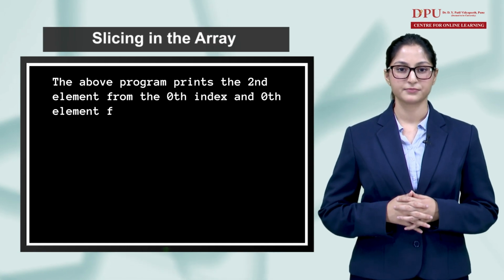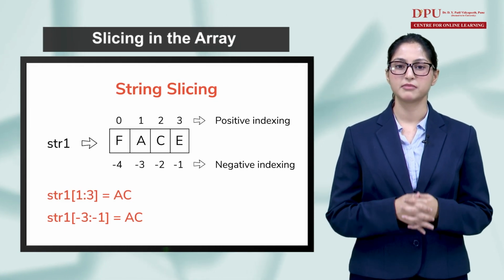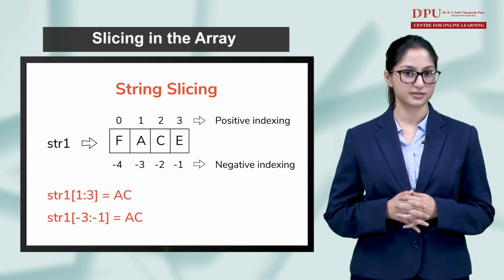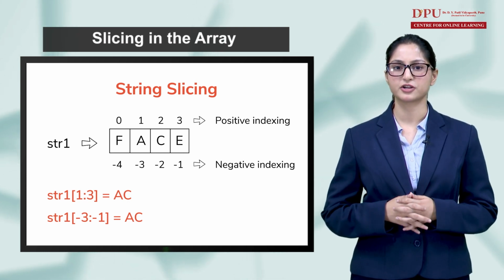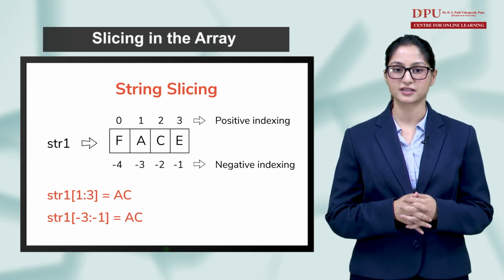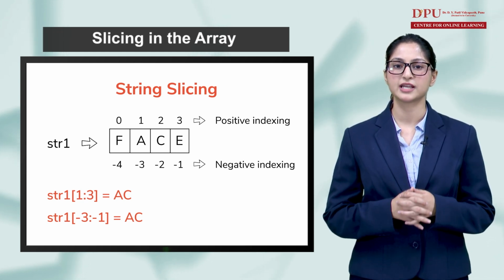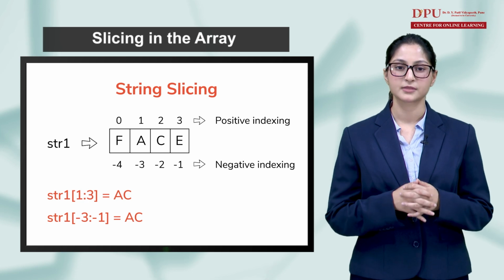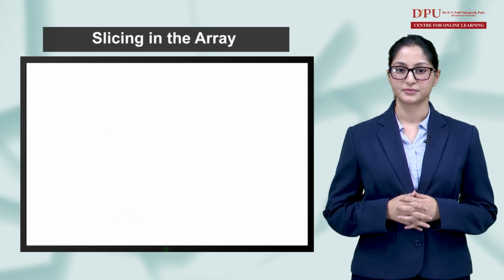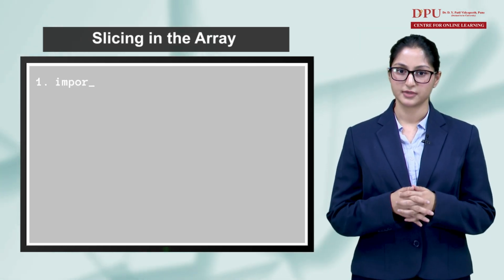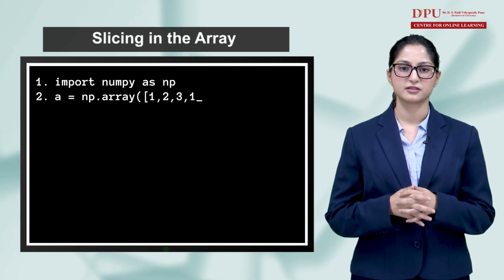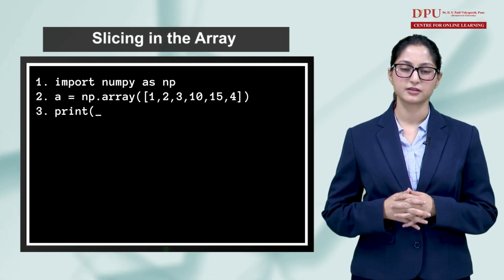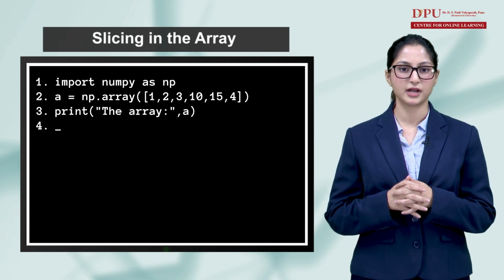Finding the maximum, minimum and sum of the array elements. NumPy provides the max function, min function and sum function, which are used to find the maximum, minimum and sum of the array elements respectively. Consider the following example. Import numpy as np. a equals np.array with the following numbers as parameters to the array method. Print within double quotes "the array is", comma a.